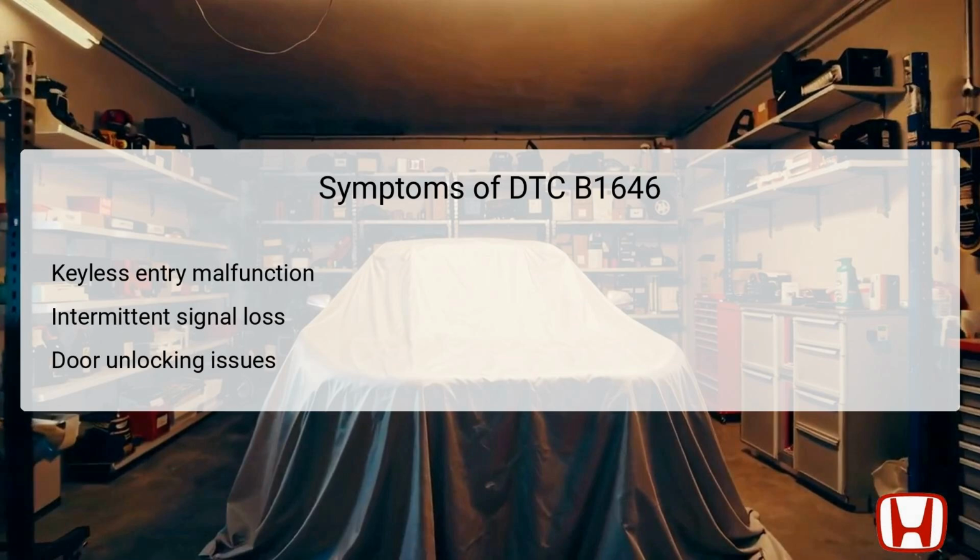Another common symptom is an unresponsive driver's door, indicating the antenna circuit is compromised. These symptoms often indicate electrical issues that could escalate if left unresolved. Thus, accurate diagnosis and timely repairs are crucial for maintaining the integrity of the vehicle's access systems.